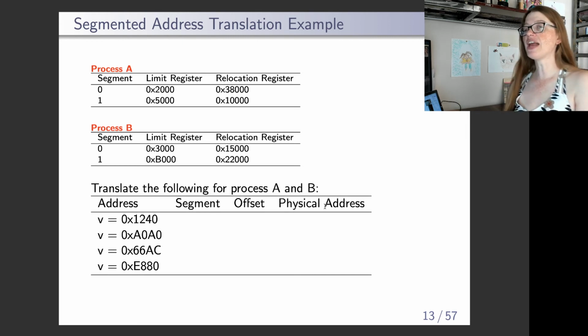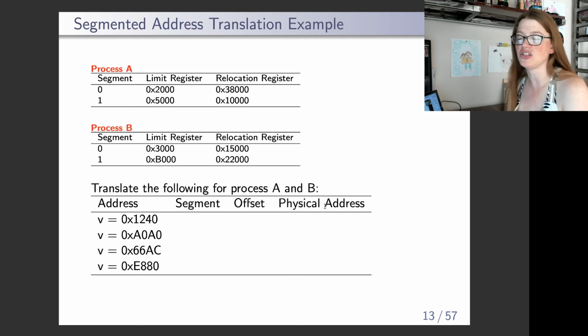Since I know that I don't have many segments in my address space, at most maybe I'm storing 10 extra integers per process. If you've got gigabytes of RAM, you don't care about 6 extra integers or 10 extra integers per process. That is trivial. So segmentation is efficient in terms of how much memory it uses to actually implement the technique.